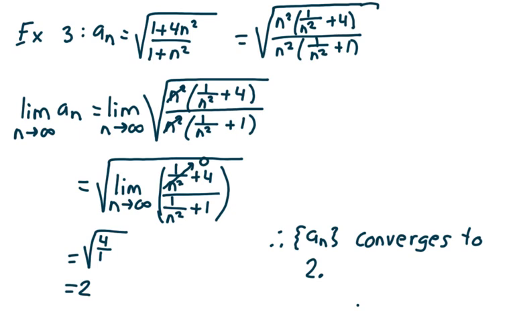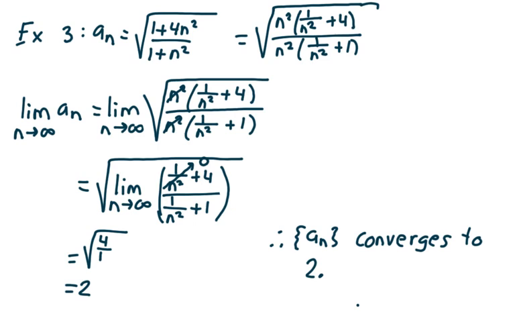Notice how the n squareds cancel, and I'm going to slide this limit inside the radical. And what we end up getting is the square root of the limit as n goes to infinity of 1 over n squared plus 4 divided by 1 over n squared plus 1.